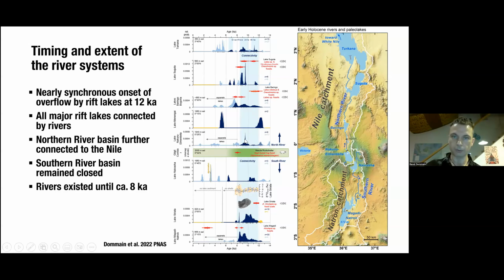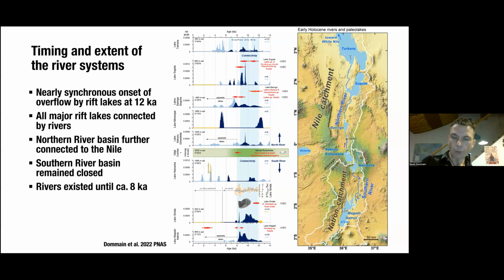You can use the map as guidance where you are. And you see that most of these lakes started to form about 12,000 years ago and had lake levels over or at their outlet elevation, so that they were overflowing into the adjacent basins up to about 8,000 years ago, maybe.